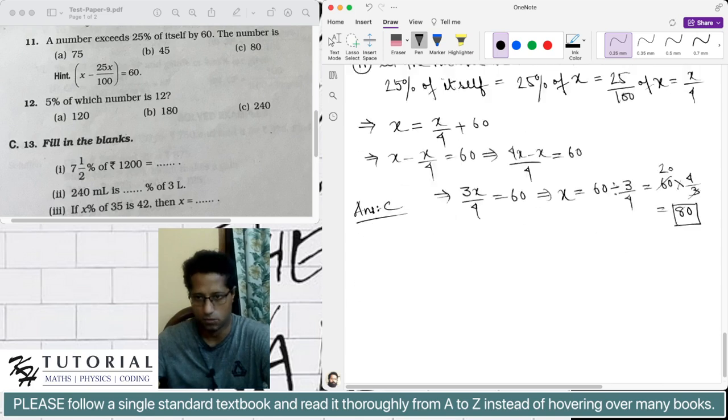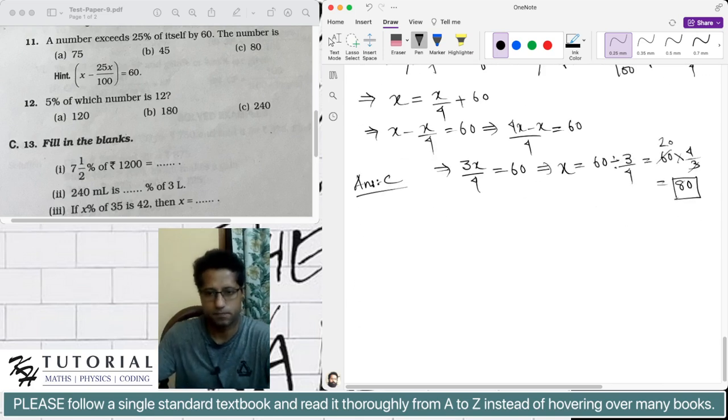Okay, let's do problem number 12. 5% of which number is 12? So let the number be x.